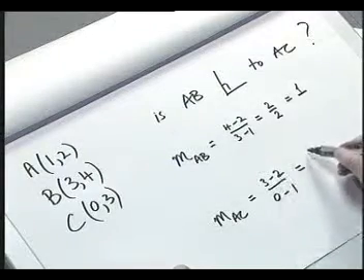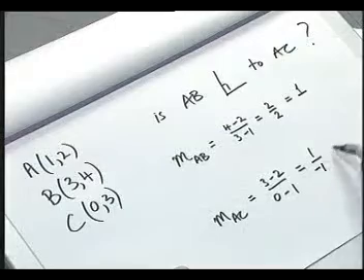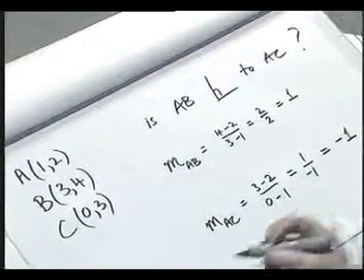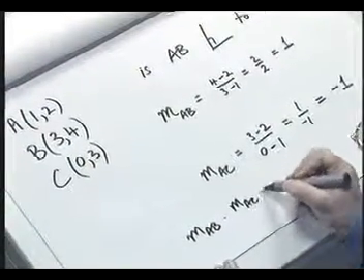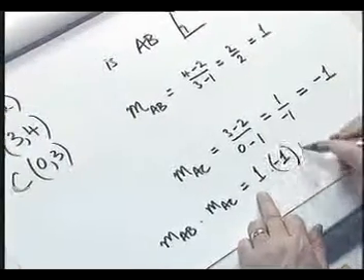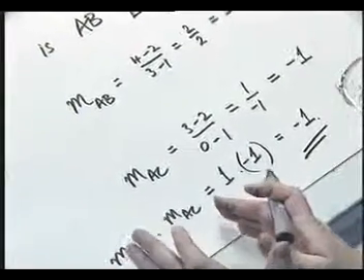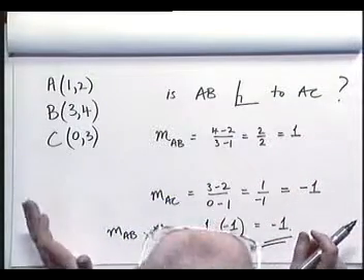So 3 minus 2 is 1, 0 minus 1 is minus 1, so all this simplifies to just minus 1. If we multiply the two gradients together, MAB multiplied by MAC, we'll get 1 times minus 1, which is clearly minus 1. So the gradients of these two lines multiplied together have a result which is minus 1, and that means that the two lines AB and AC indeed must be perpendicular.